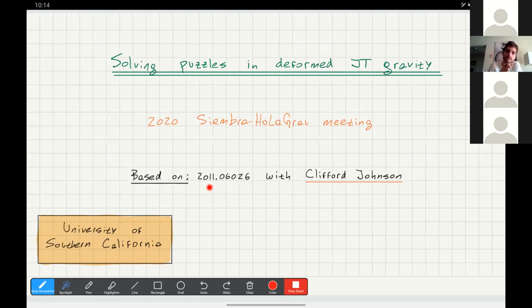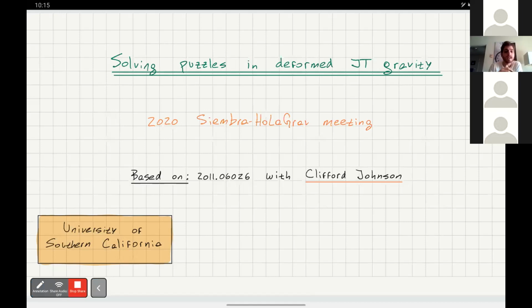We showed that the puzzle that arises in the Witten paper is solved, and the way it is solved is by properly accounting for a phase transition. So in the rest of the talk I will introduce the problem and try to convince you that the proper way to account for this issue is to recognize this interesting phase transition.